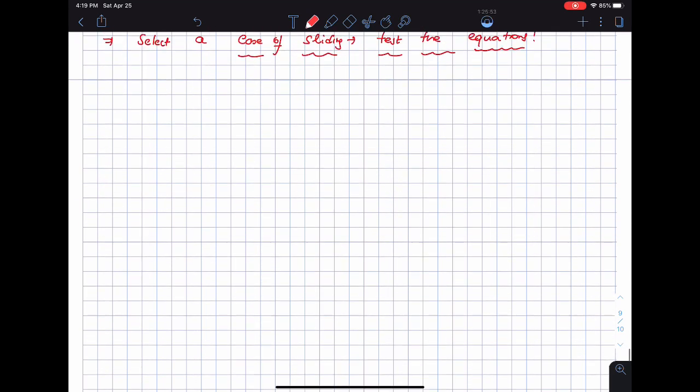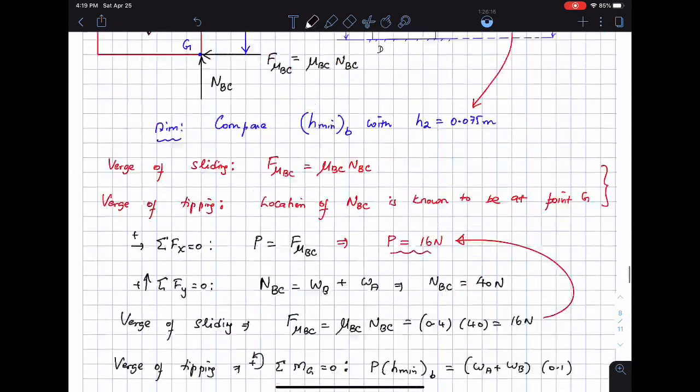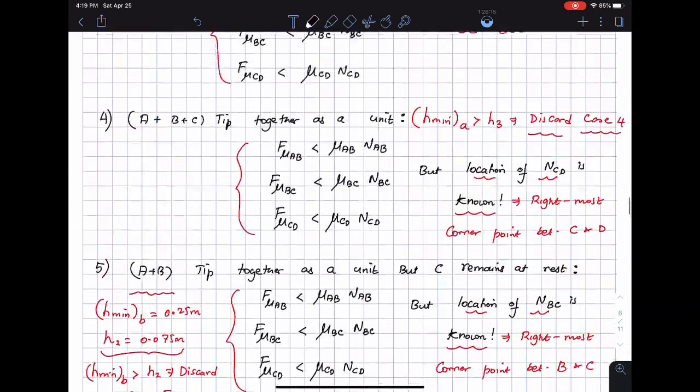So what I'm going to do is the following. Let us now assume case 3, that is box A slides and B and C are at rest, which means that here are my equations. I'm just going to bring them from where I had written them down previously.